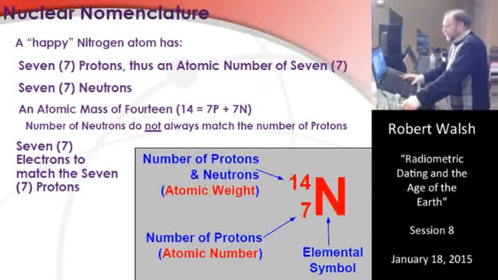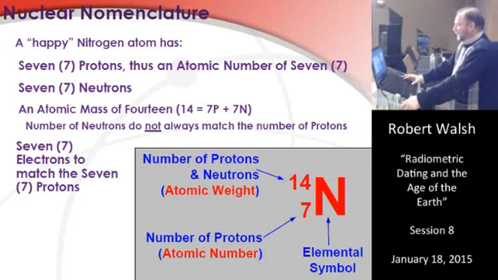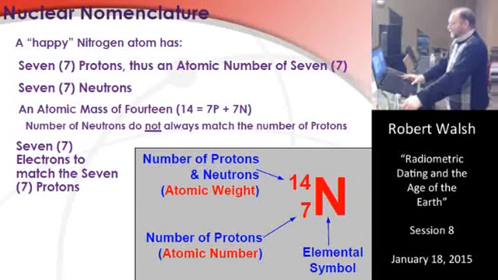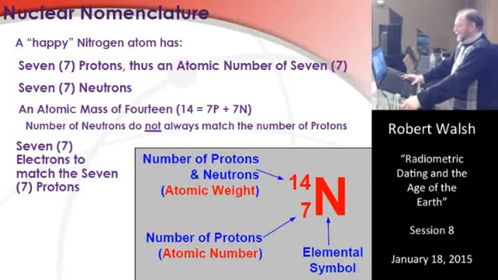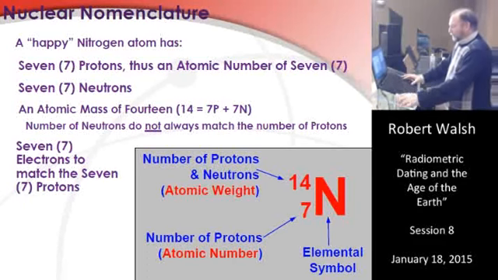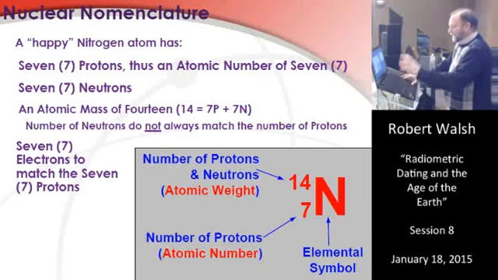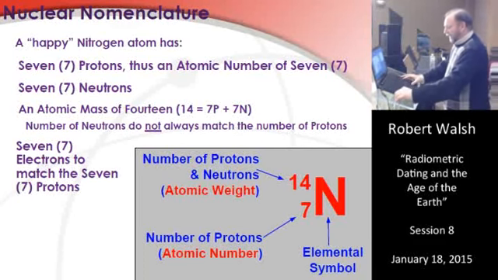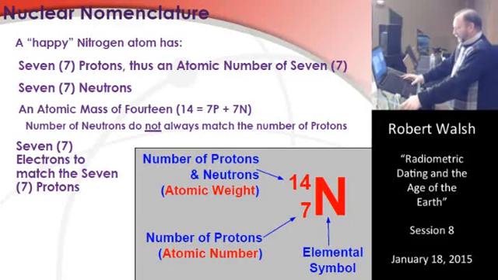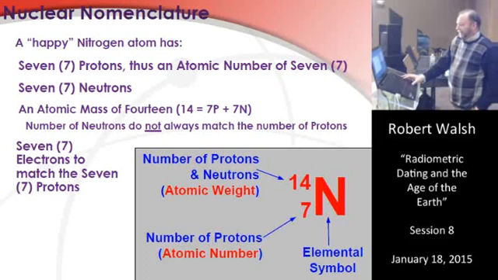All right. So the atomic mass, of course, is 14 because it has 7 protons and 7 neutrons. And as we will see, the number of neutrons does not always match the number of protons. It does in this particular case, and it does in some of the lighter elements, but not in the heavier elements.